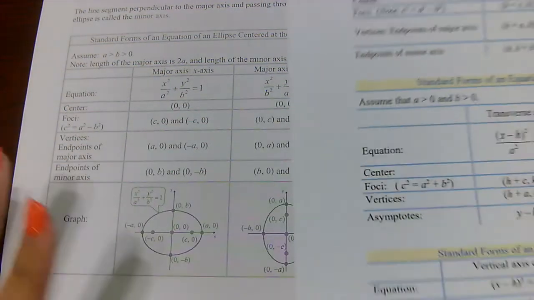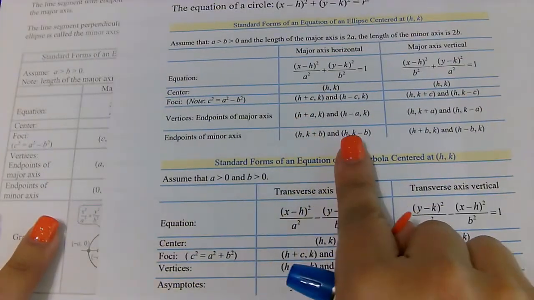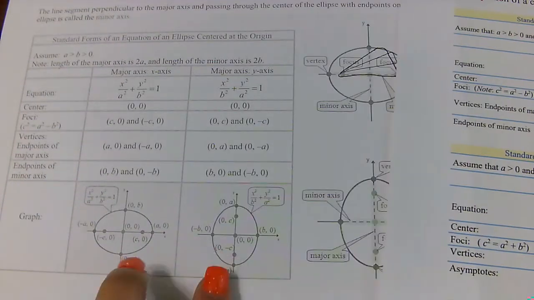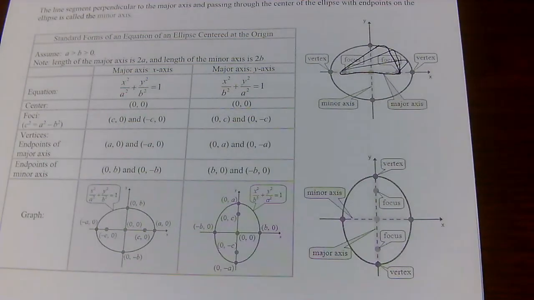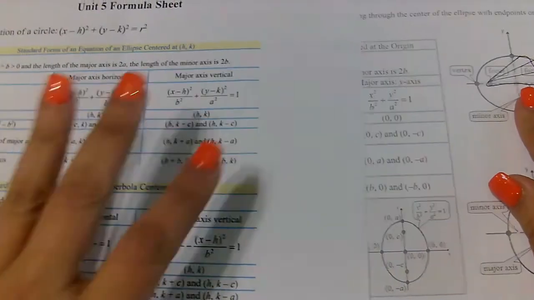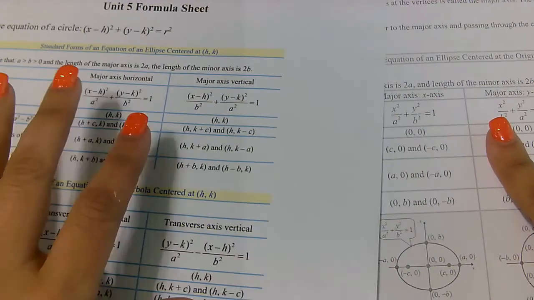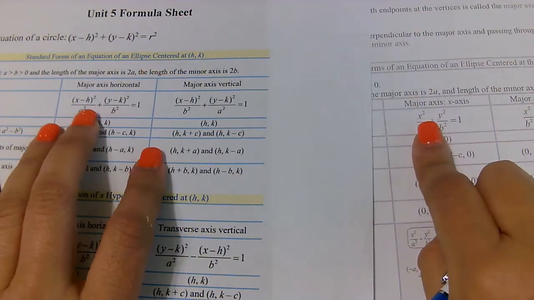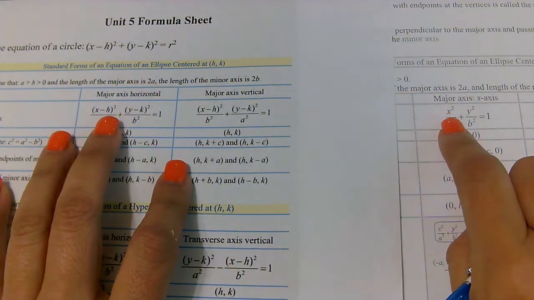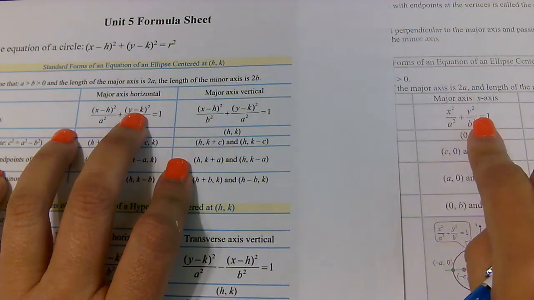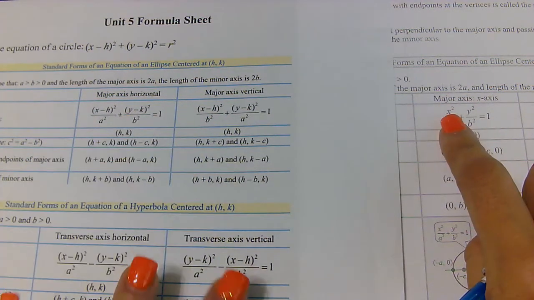If you notice on your formula sheet, you are not given the pictures that are given here. The other thing you should notice about the formula sheet is that this set of equations is slightly different. Notice that here you have a minus h and here you have a minus k. Over here you don't have that.